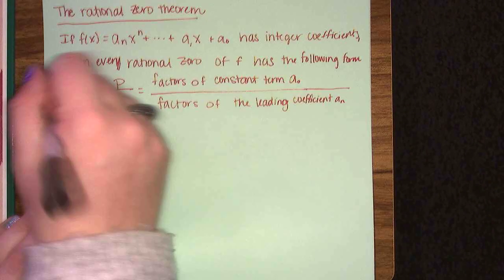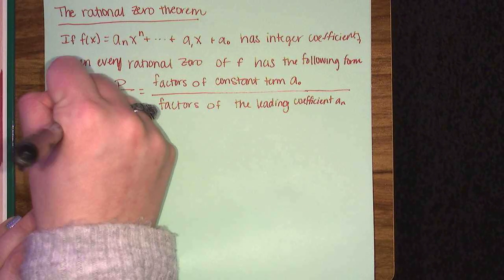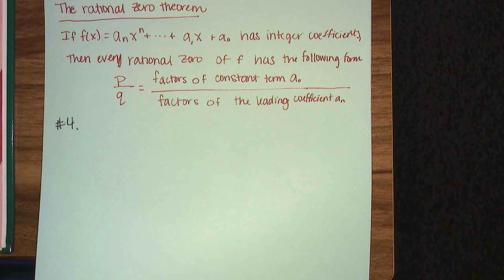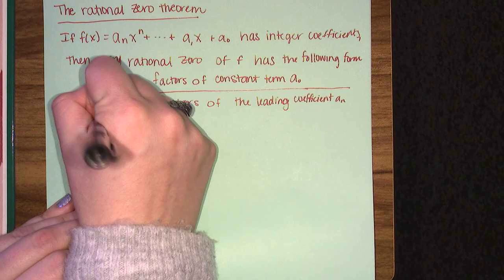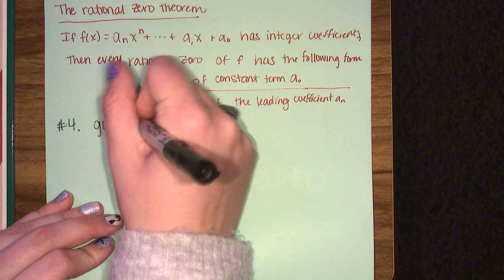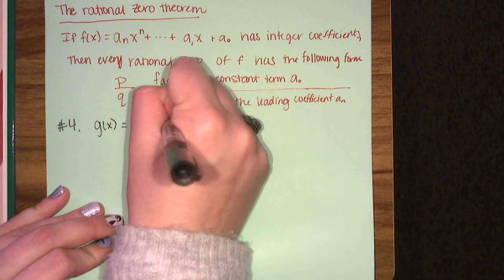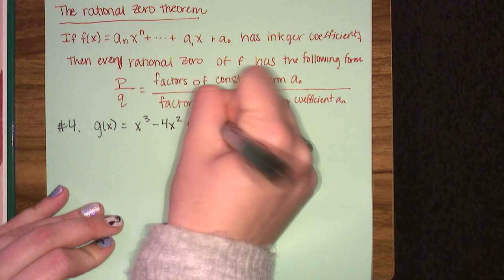Number 4. All right, so this is list all possible rational zeros of the function using the rational zeros theorem. It sounds scary. It's not actually. Not this part. All right, g of x is equal to x cubed minus 4x squared plus x minus 10.